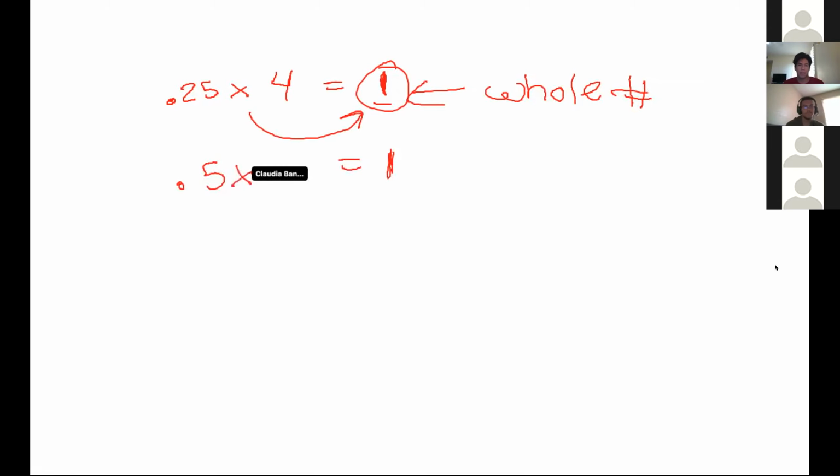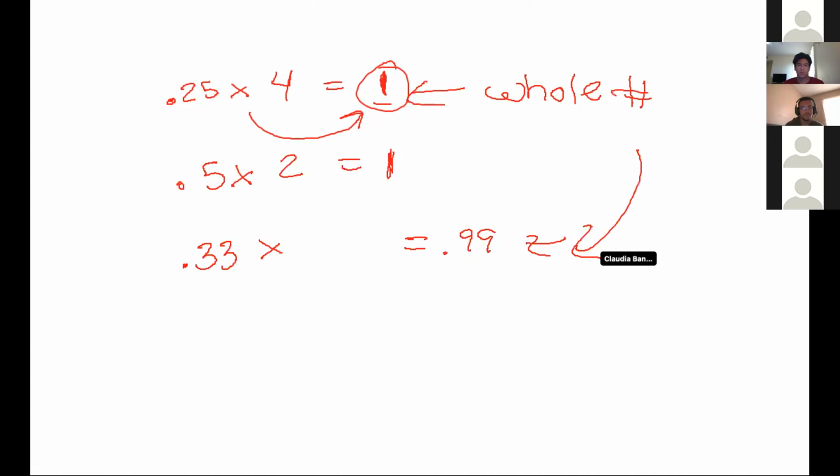And let's give you a harder number, 0.33. This is going to give you 0.99, but it's still the nearest whole number, and that's exactly what we want. So what number do you multiply by? 3.